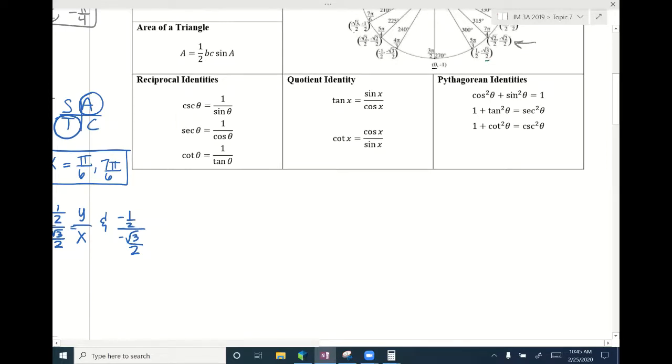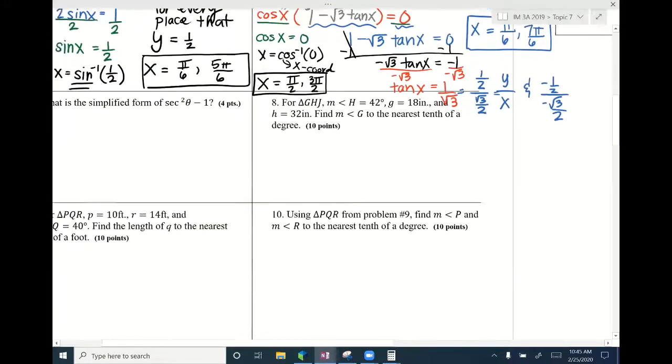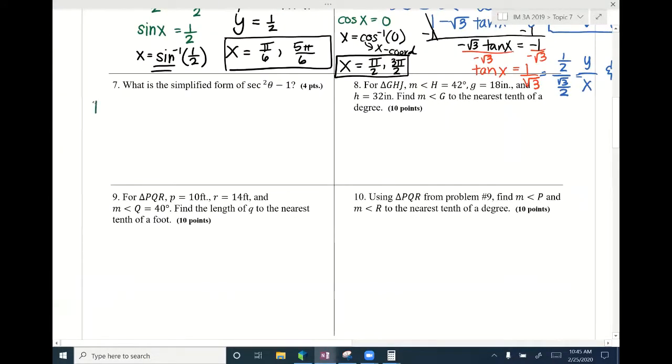So if I'm looking at secant squared minus 1, I'm going to take this identity and manipulate it. So I'm going to rewrite that identity. So the Pythagorean identity tells me that 1 plus tangent squared theta equals secant squared theta.